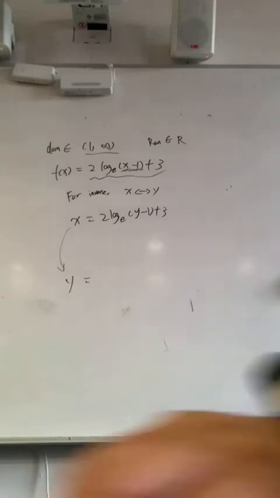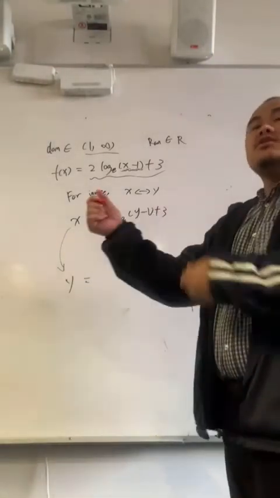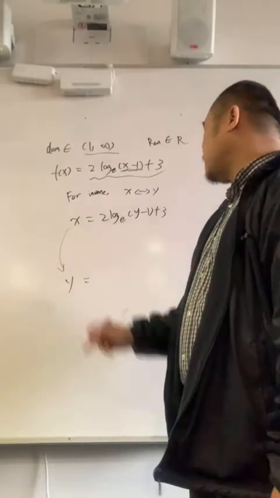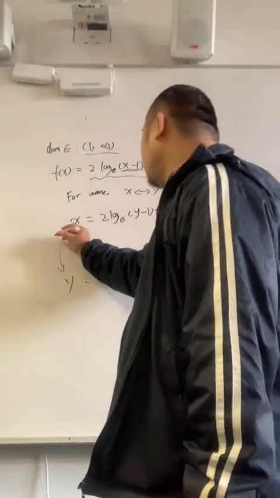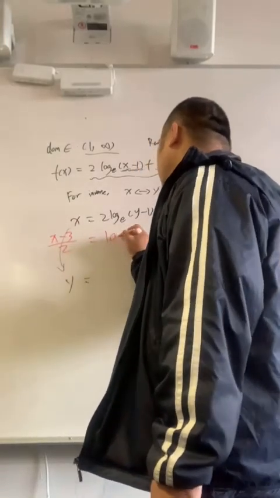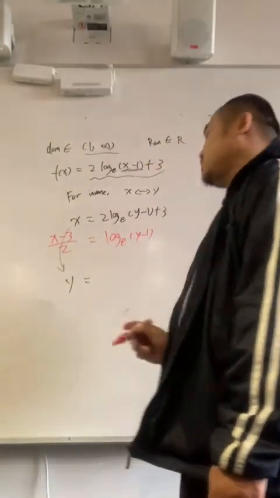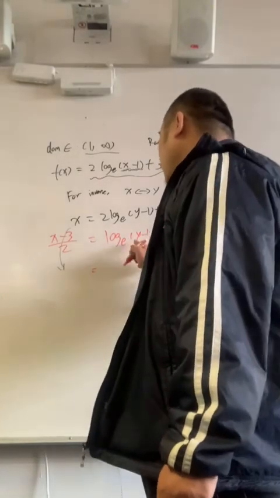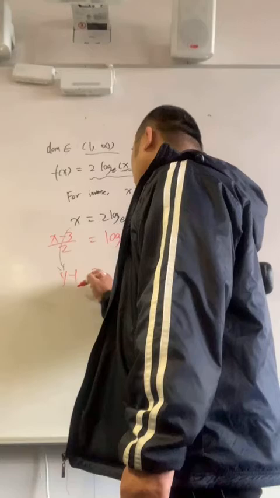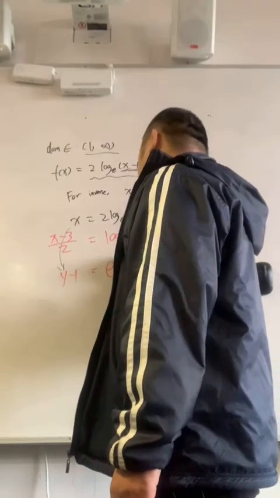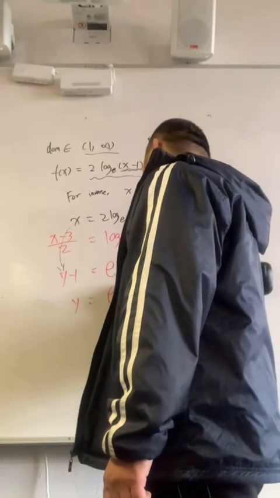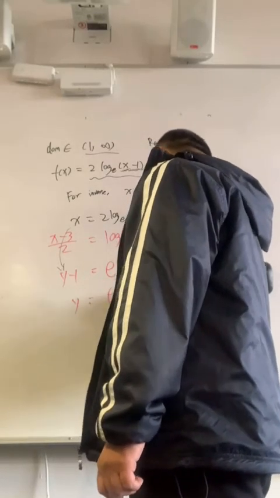Let's talk about it. So, we swapped x and y already, and we're going to make y the subject. Same thing as what we did just now. Take away 3, divided by 2, you will get log e (y minus 1), yeah? And then I want to find the y value. So we know that y minus 1 equals e to the power of (x minus 3) over 2. Alright, y equals the whole thing plus 1.